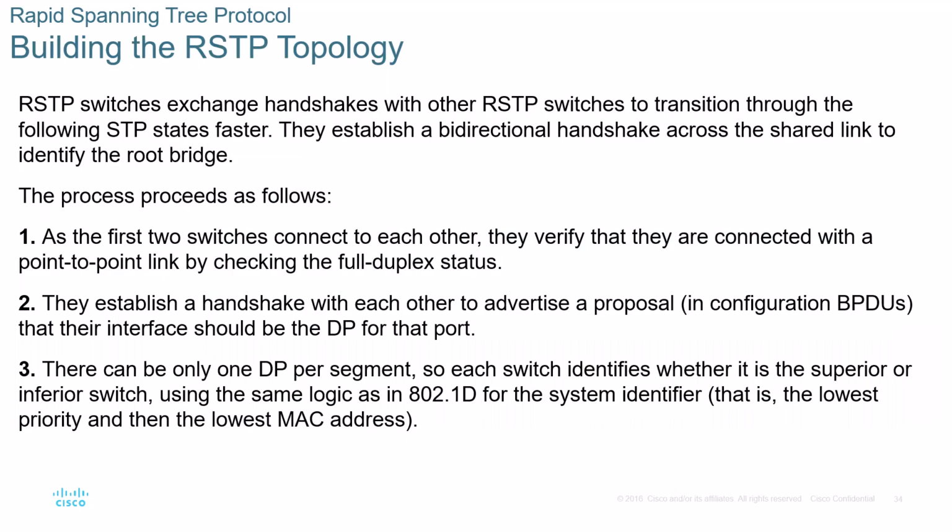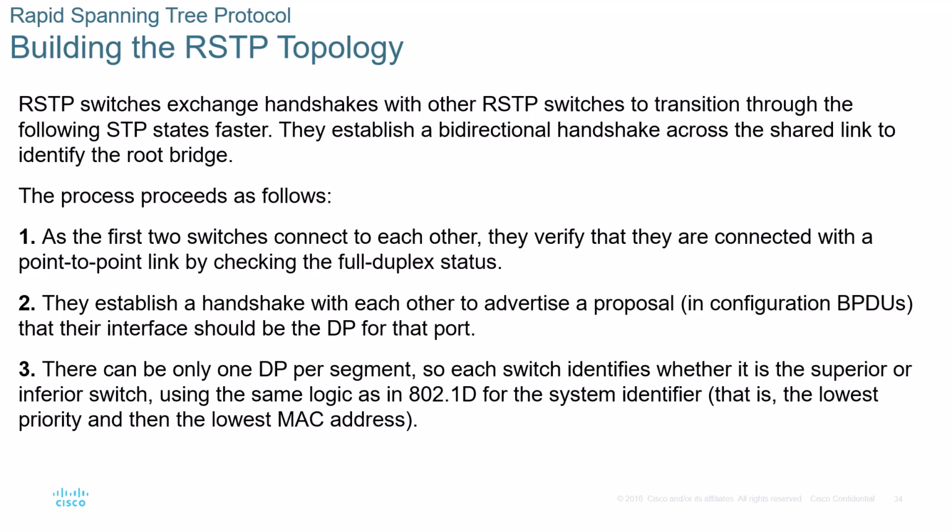So building this RSTP topology, how does all of this work together? Basically, you configure RSTP and turn it on. The switches will establish a bidirectional handshake across the shared link to identify the root bridge. The process is as follows. The first 2 switches connect to each other.